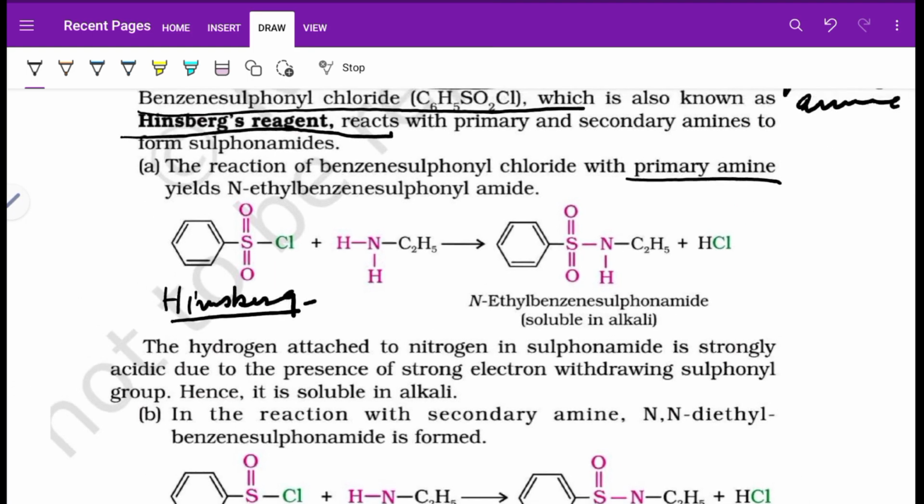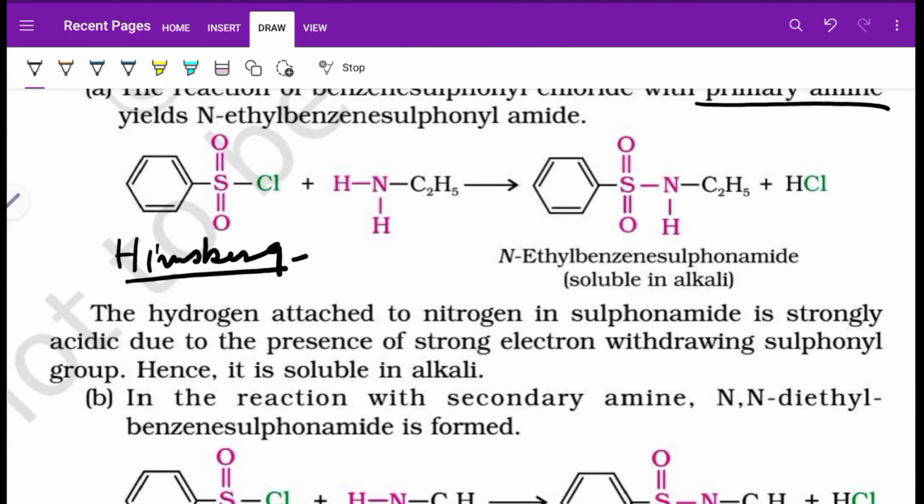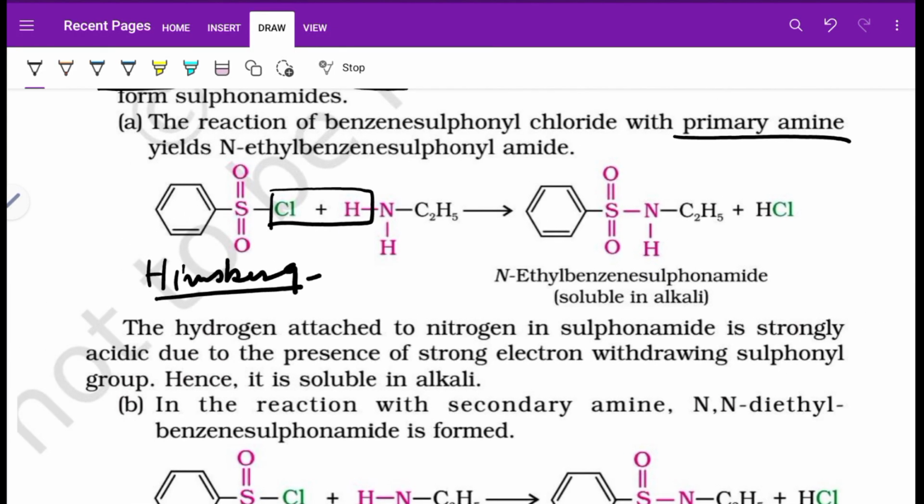Because of the presence of the sulfonyl group in the compound, the H and Cl get eliminated and you get HCl as the side product, and this is the product which is obtained having an acidic H over here. We can see this is an acidic H. Why is it an acidic H?